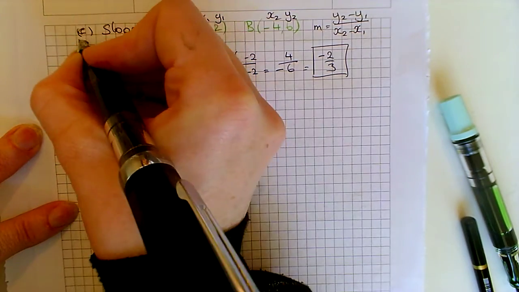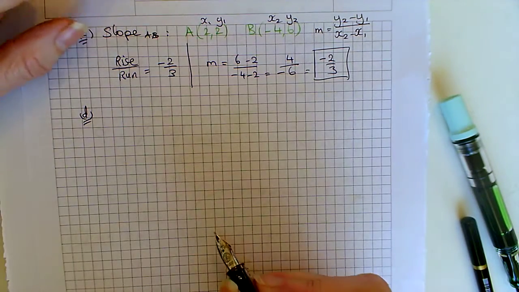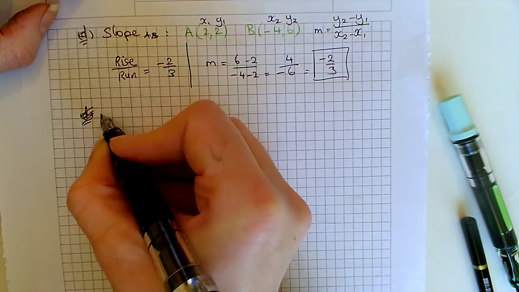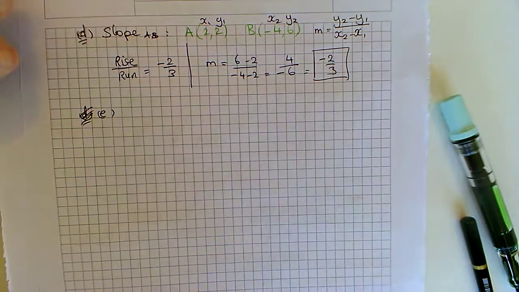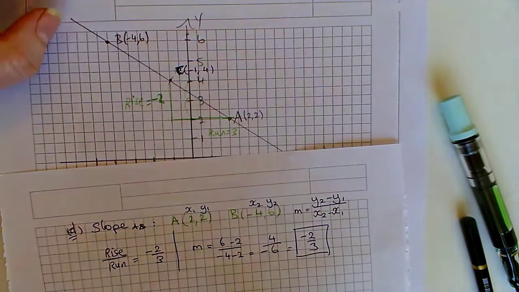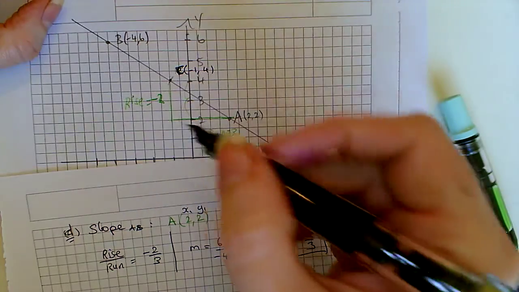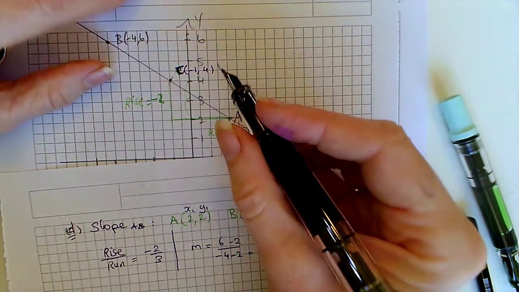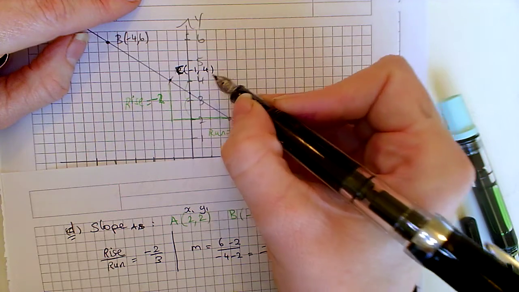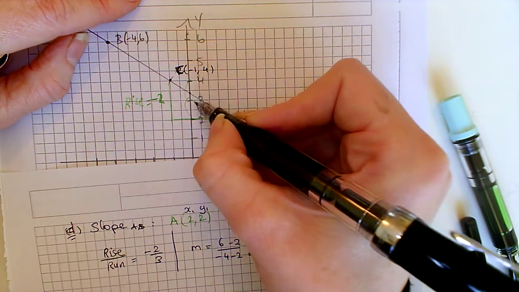Next, part E. Find the coordinates of the point where AB cuts the y-axis. Okay, I can see from my graph that it cuts the y-axis roughly about 1/3 of the way between 3 and 4.